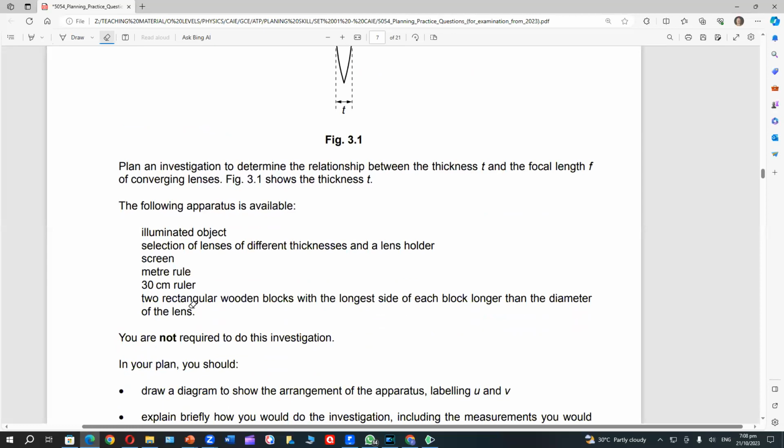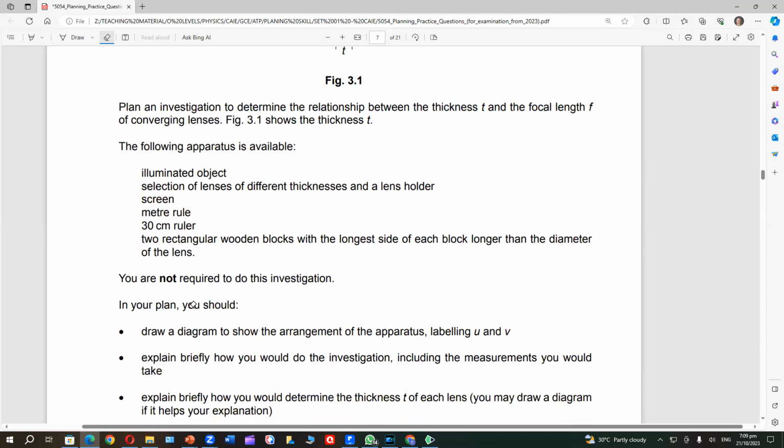Plan an investigation to determine the relationship between the thickness and the focal length. They have given us the following apparatus.